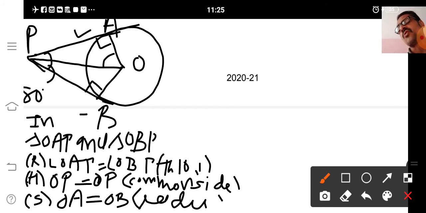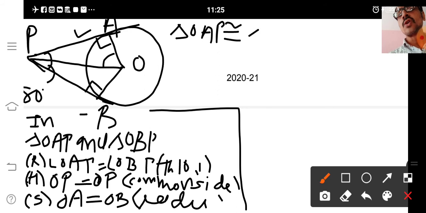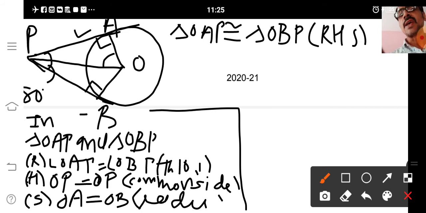So here we have proved that triangle OAP is congruent to triangle OBP according to RHS.